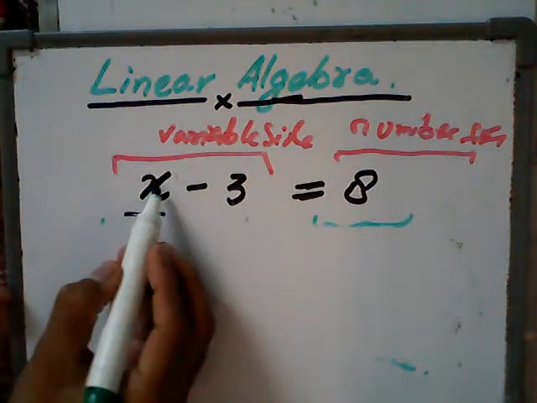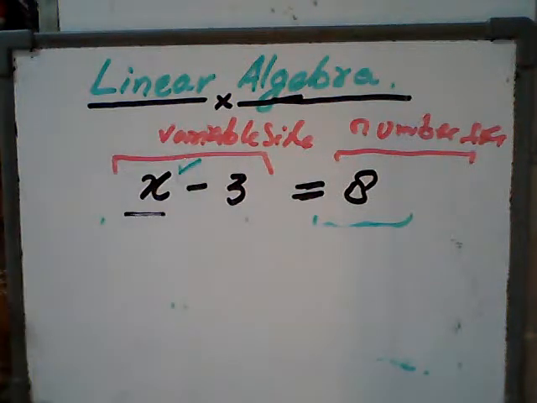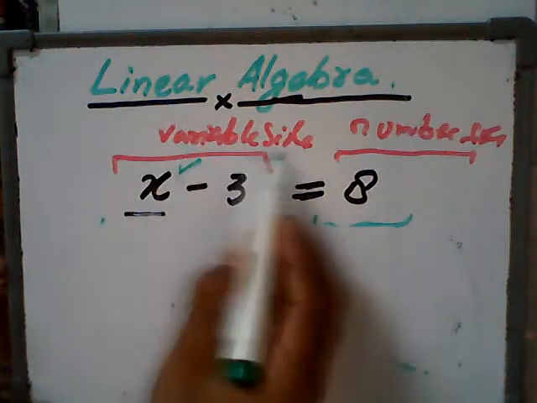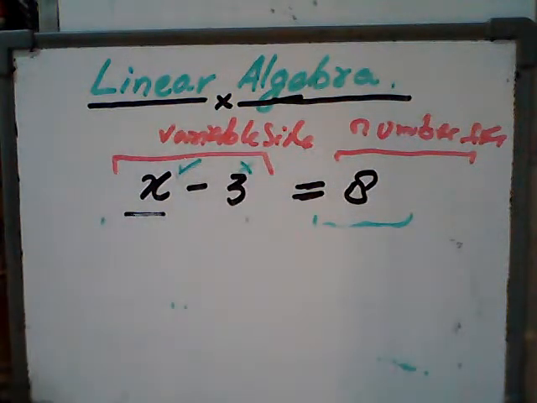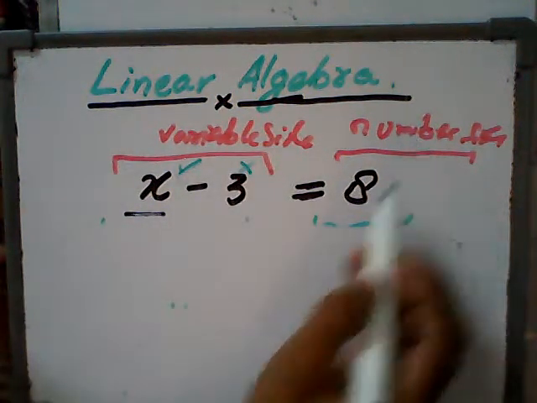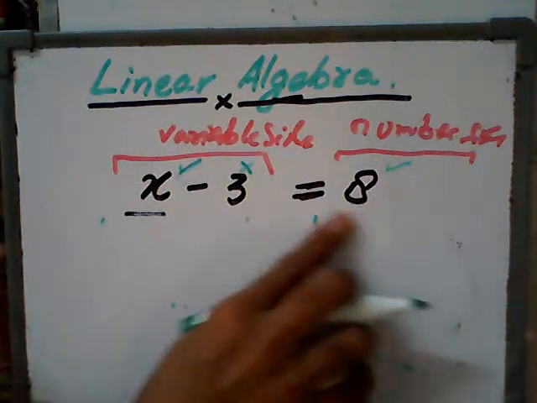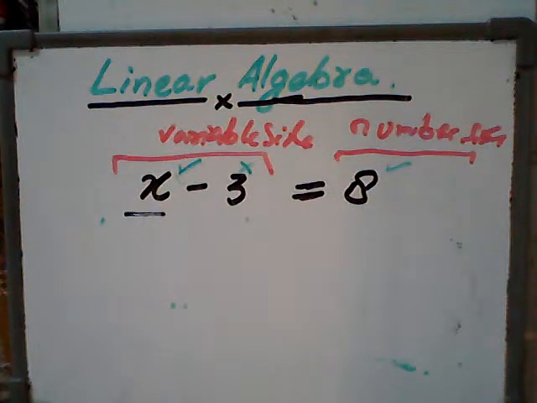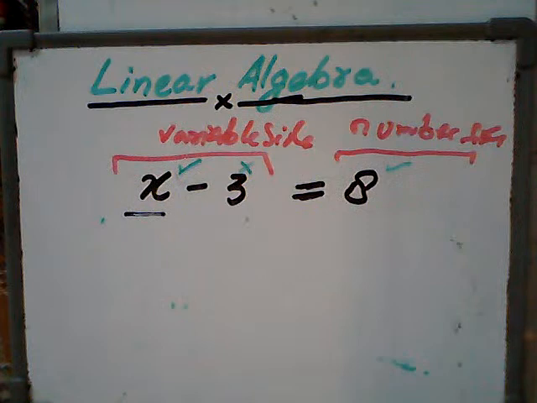Is it at the right place? Variable side, and it's a variable, so it's the right place. Variable side, but this is a number, so it is not at the right place. Number side, and this is a number, so this is at the right place. So we'll be looking for what is at the wrong place. -3 is at the wrong place, so -3 must be removed.